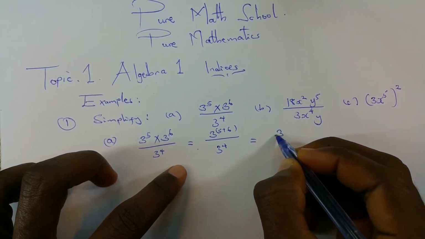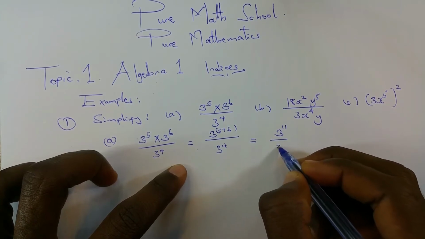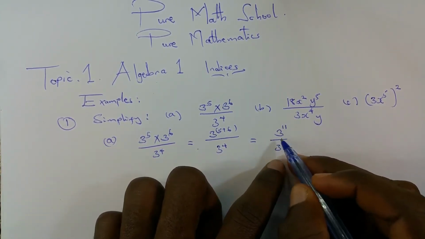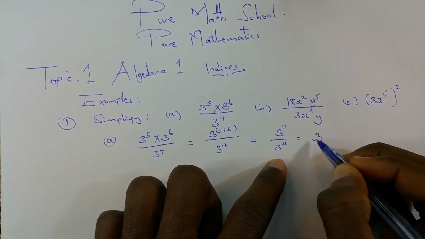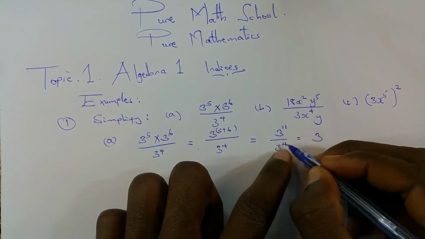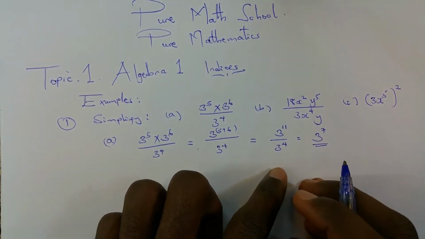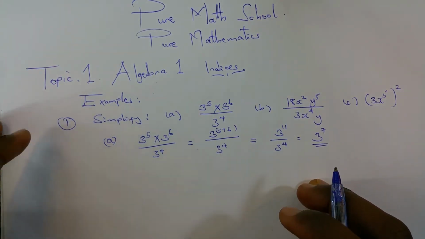That means we would have 3 to the power 11, 5 plus 6, out of 3 to the power 4. And still another property that we looked at, when you're dividing indices of same base, you simply replicate that base, then you subtract the power, which is 11 minus 4 would become what? 7. So your result would become 3 to the power 7. We looked at those properties in our previous videos. You can go back and check.